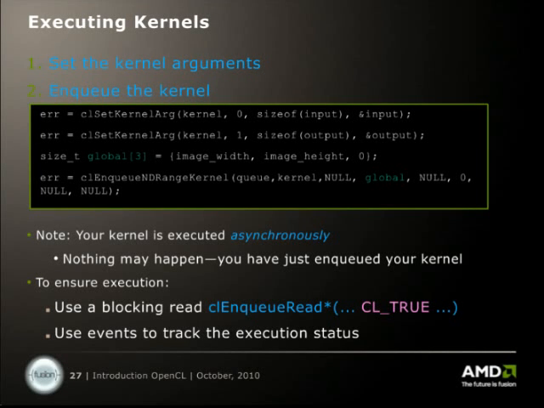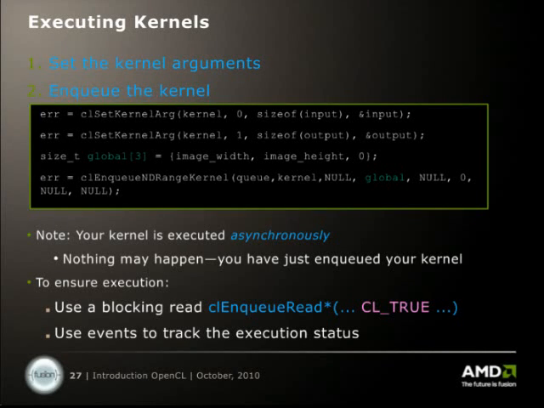And here you can see at the top we're going to set some kernel arguments. Because it's C, we start at kernel argument 0, we use the 0 index, and then 1 for the second argument. clSetKernelArg takes a kernel, the size of the input that you're setting, and then a pointer to the values that you want to set. We're going to set up our global dimensions here, so this is our image width and image height from our previous example.